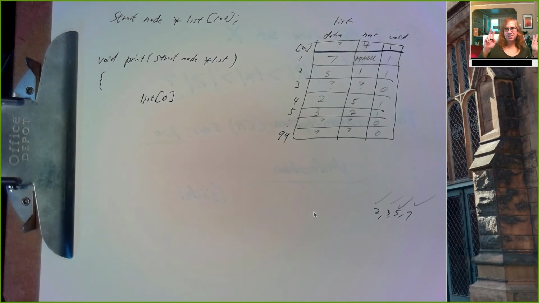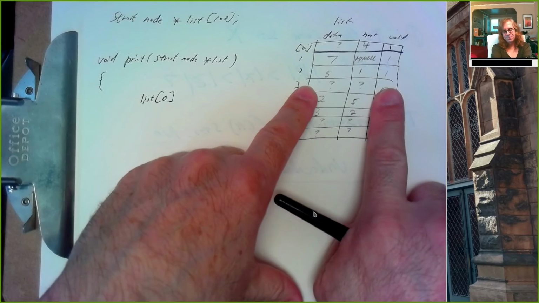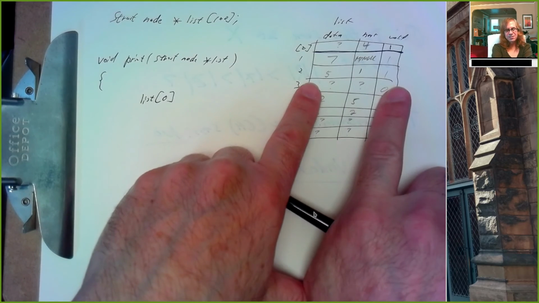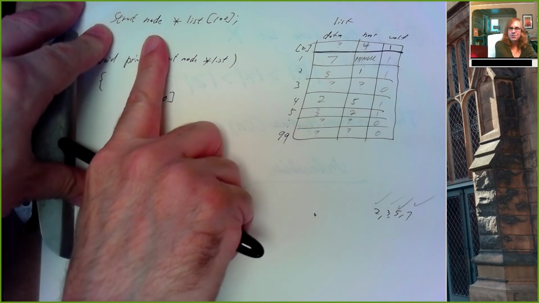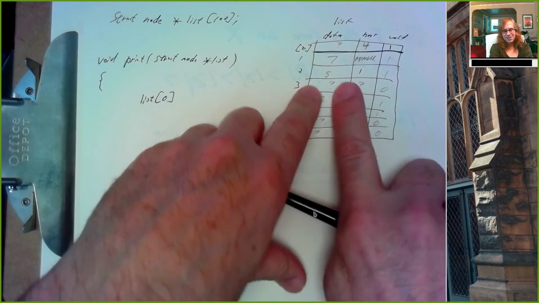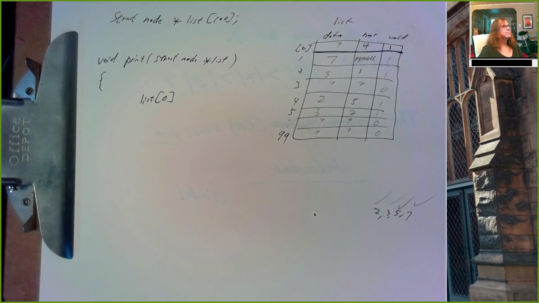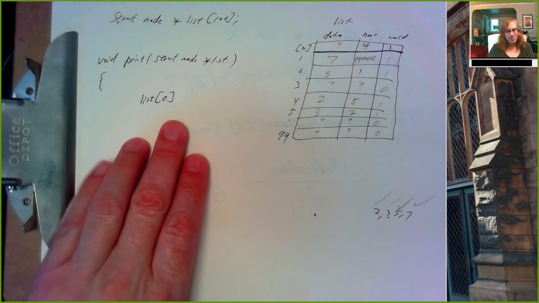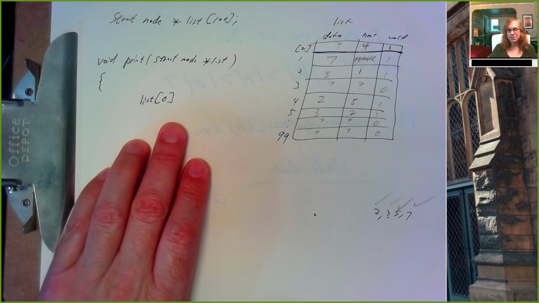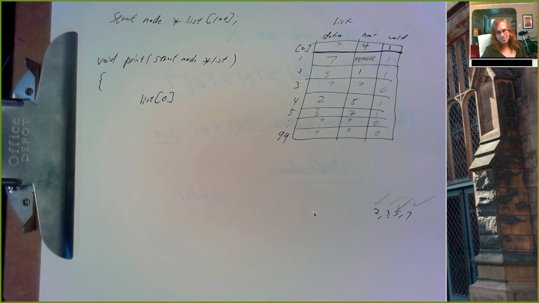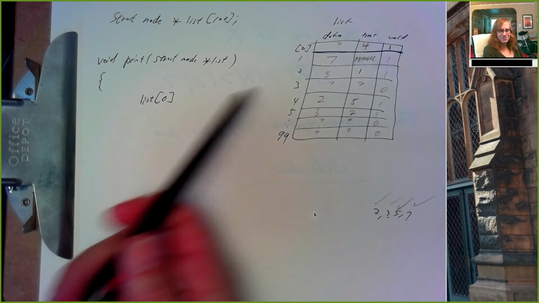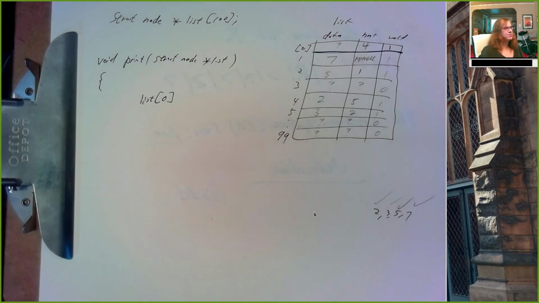So when I say node, I mean an entry in this array. And since this is an array of struct nodes, I mean a struct node, something that has a data, a next, and a valid field. So list bracket 0 is a node. I don't really care about the valid field because I know the sentinel's always there.